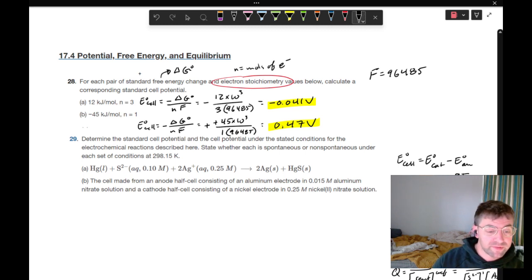Just as a review, spontaneity when looking at Gibbs free energy, I believe is the other way around. Negative Gibbs free energy indicates a spontaneous process.